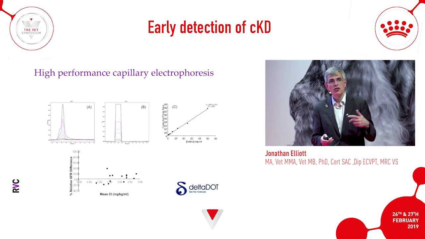And so you can do this on 3 blood samples. That's still a bit of a tall order in a cat that isn't particularly keen on having any blood taken.